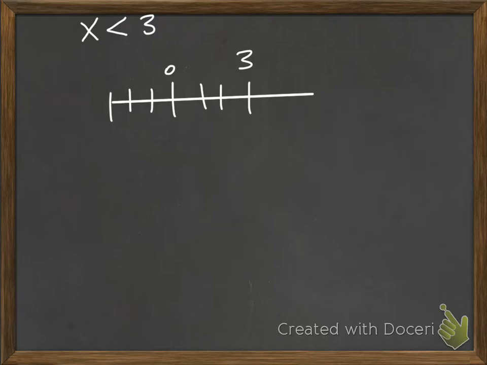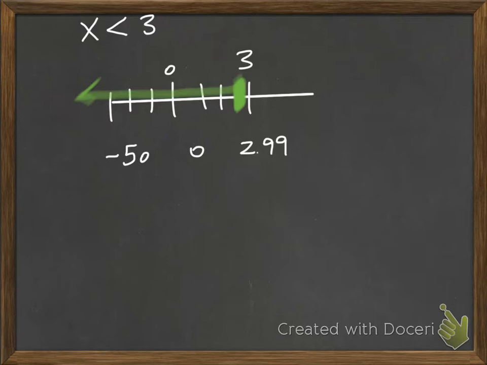If x is less than 3, then that means x is not bigger than 3. So x could be anything in this direction. It just can't be 3. It stops right close to 3. So any of this could be an x. So x could be negative 50, x could be 0, x could be 2.99, as long as it doesn't touch the 3.